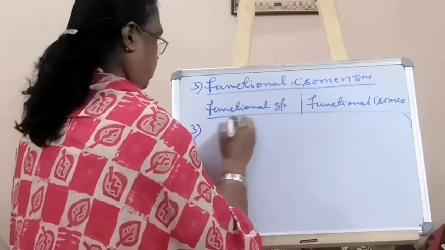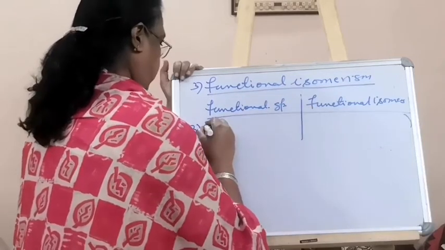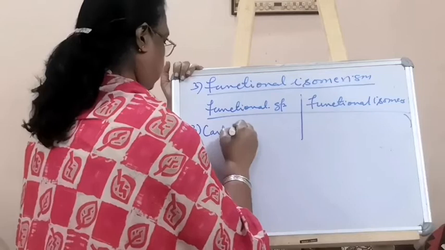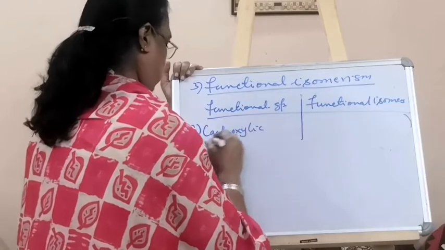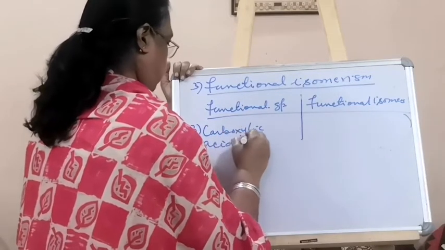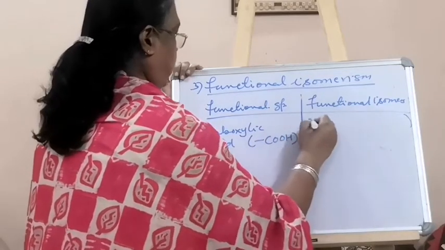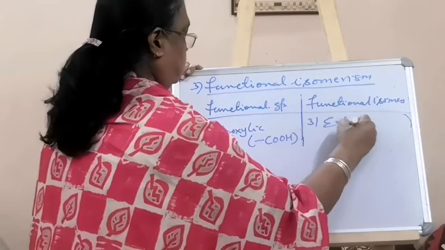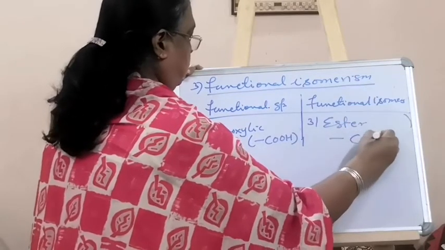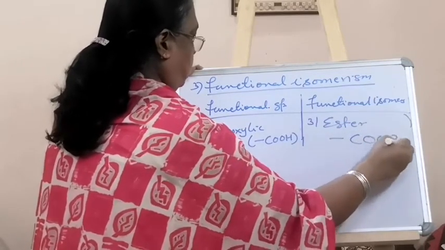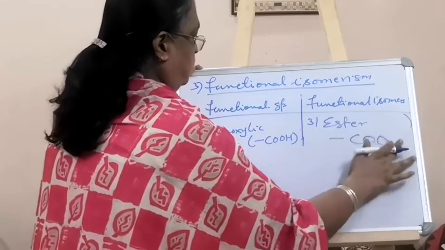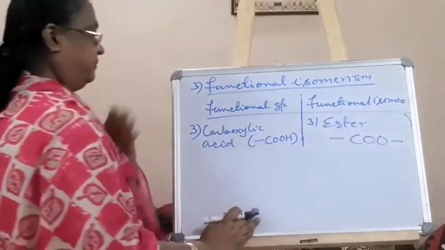The third example of functional group is carboxylic acid. The formula is COOH, and its isomer is ester. Ester is COOR. R means alkyl group, you can put a dash here.